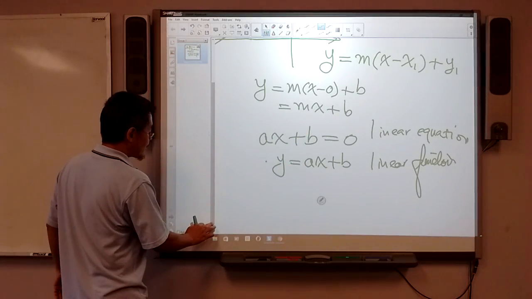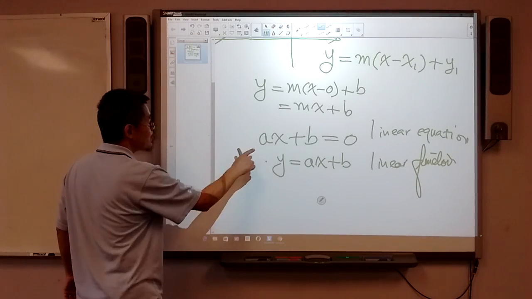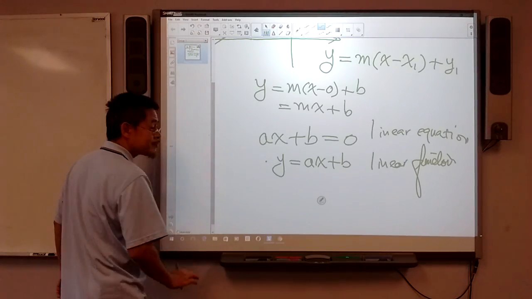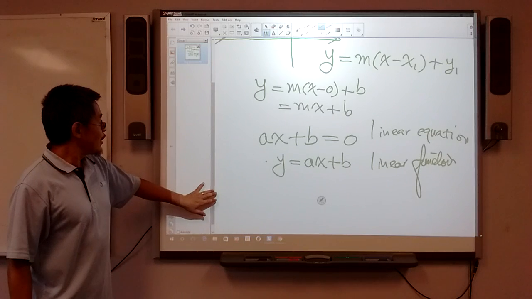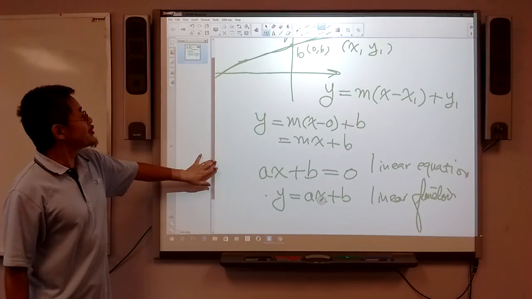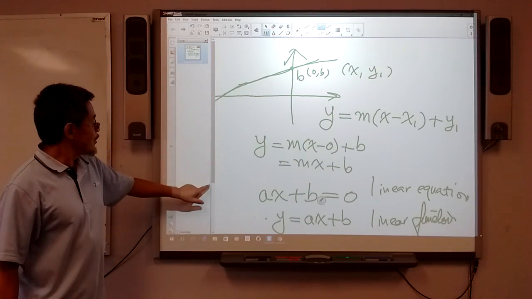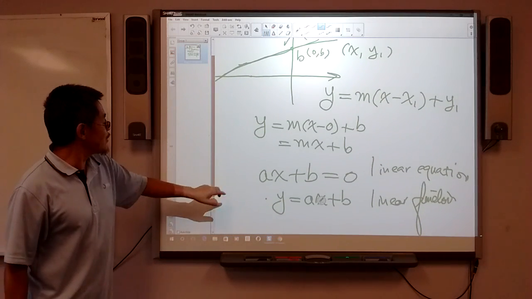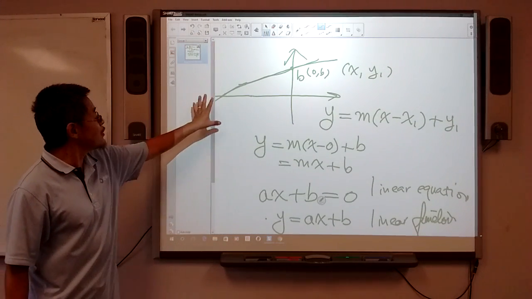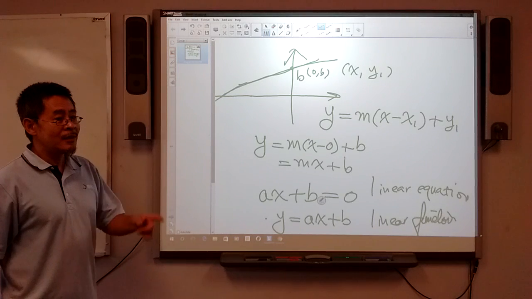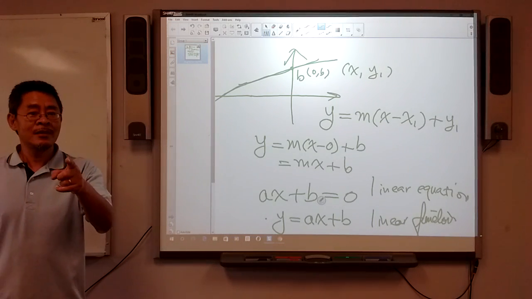Okay. If you solve this, what do you get? What's x? Negative b over a. That's the value. That's how you find it. But what does that mean here in terms of the graph? The x-intercept. Yeah.